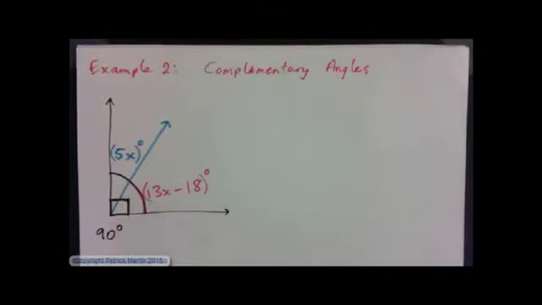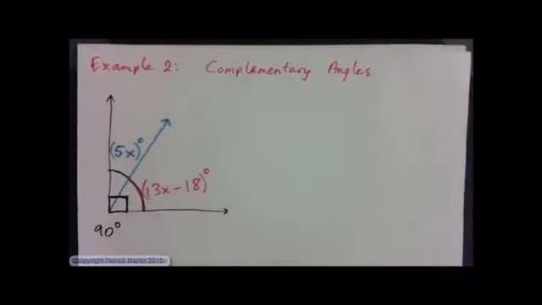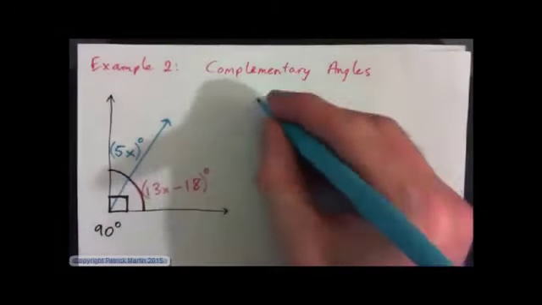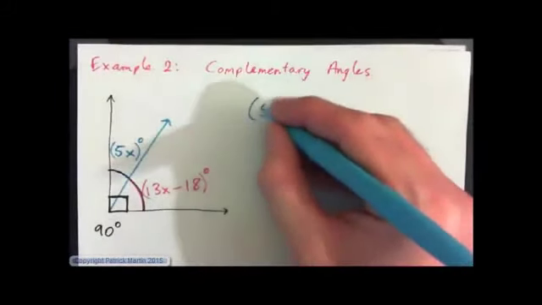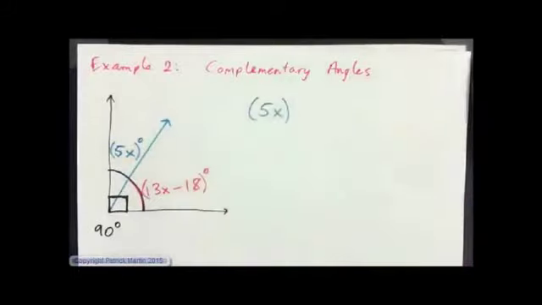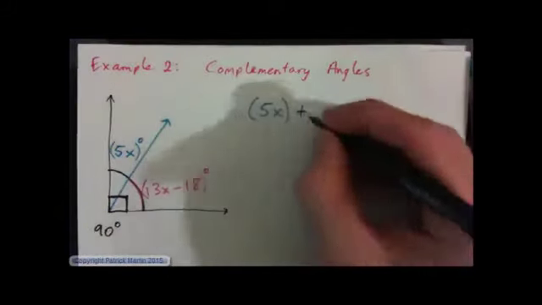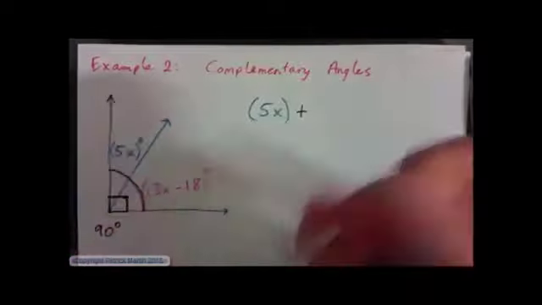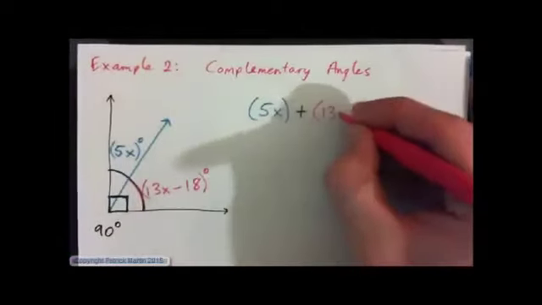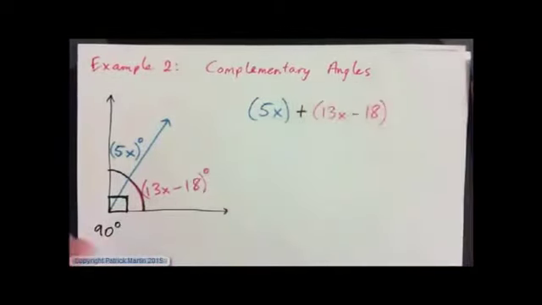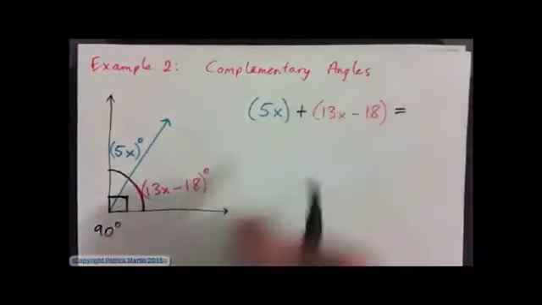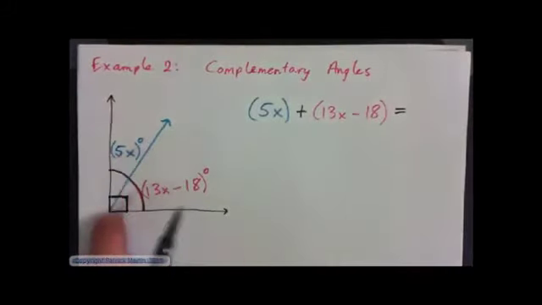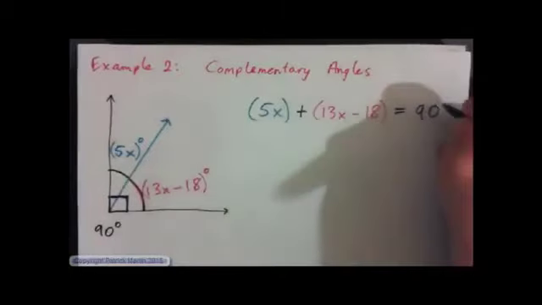Press pause if you need more time to come up with an equation. I hope you tried it. I'm going to do it now. So we can say that this angle measure 5x plus the 13x minus 18, added together, give the total right angle of 90 degrees.